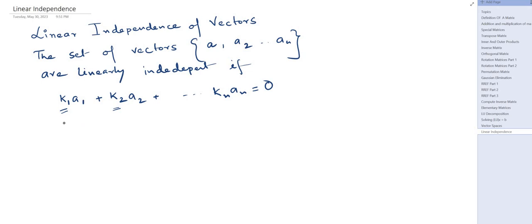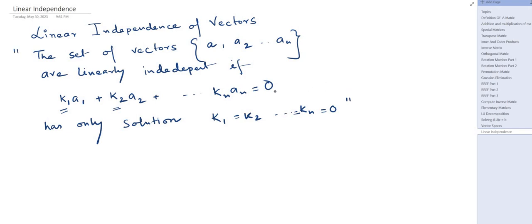If this is 0, then we can say that it has only one solution, that k1 equal to k2 equal to kn, and they all are 0. That's basically a theorem kind of thing.